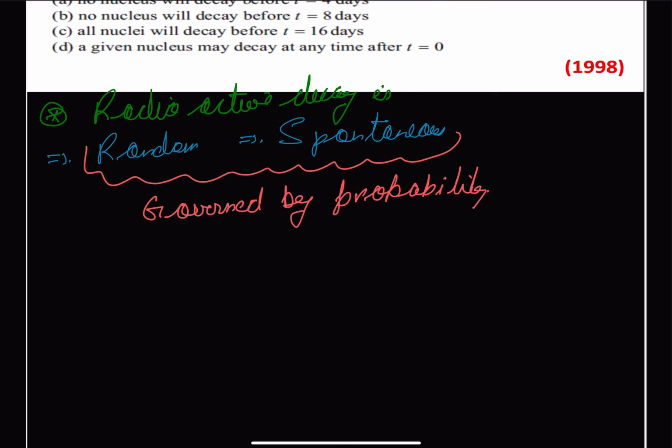So it means for a given nucleus that there is a non-zero probability that it may decay at any time, t equal to 0, and even immediately.